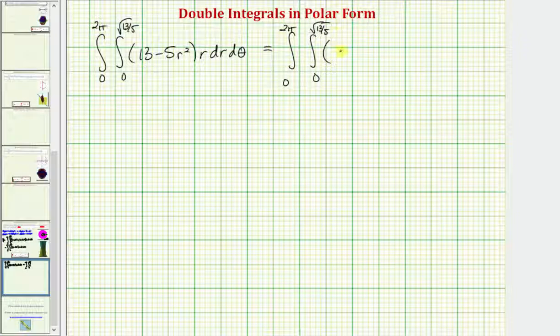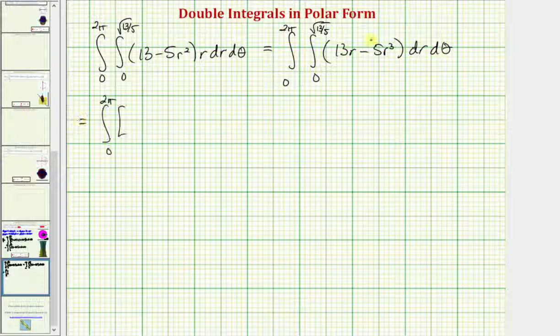So again, the integrated function would be 13r minus 5r cubed. And now we integrate with respect to r. So the antiderivative would be 13 times r squared divided by 2, or 13 halves r squared, minus 5 times r to the fourth divided by 4, or minus 5/4 r to the fourth.